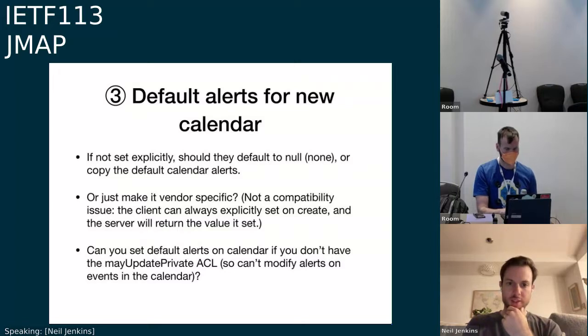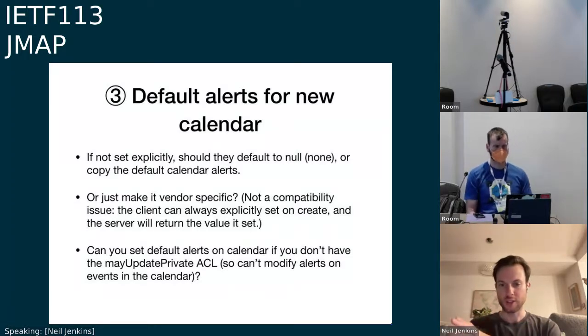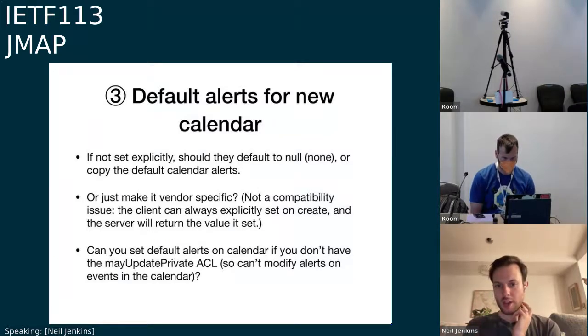So this is about default alerts on calendars. So we've discussed this a bit before, that you can specify default alerts on calendars, and then you can specify an event to use default alerts and just get whatever the ones are on the calendar that it's in.